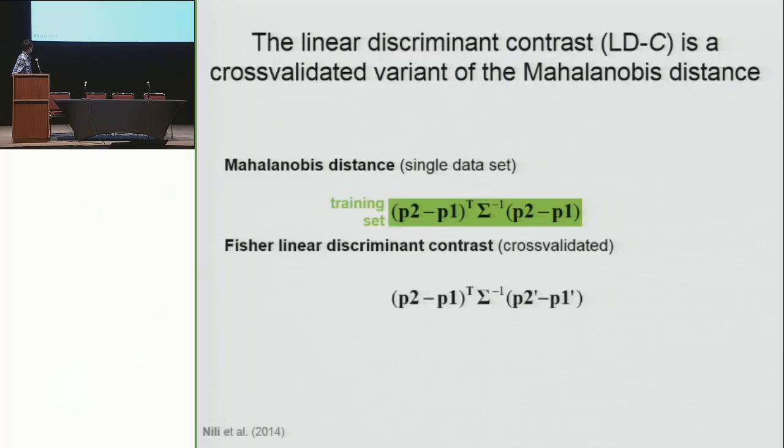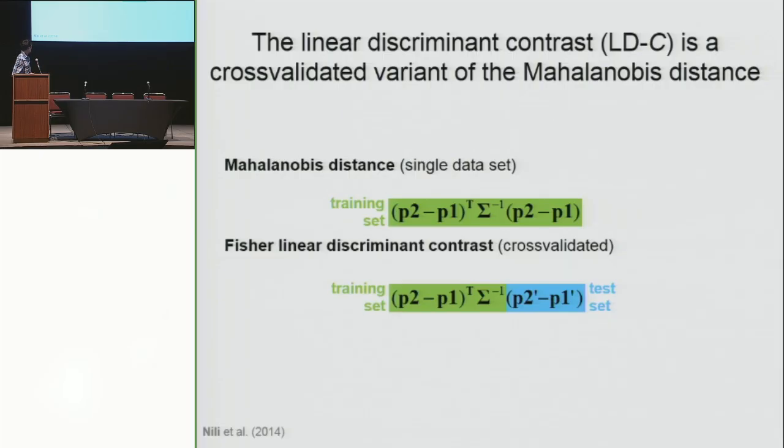Now note how related that is to the Fisher linear discriminant contrast, where this is the Fisher linear discriminant vector W, and this is the difference between the two patterns in the test set.